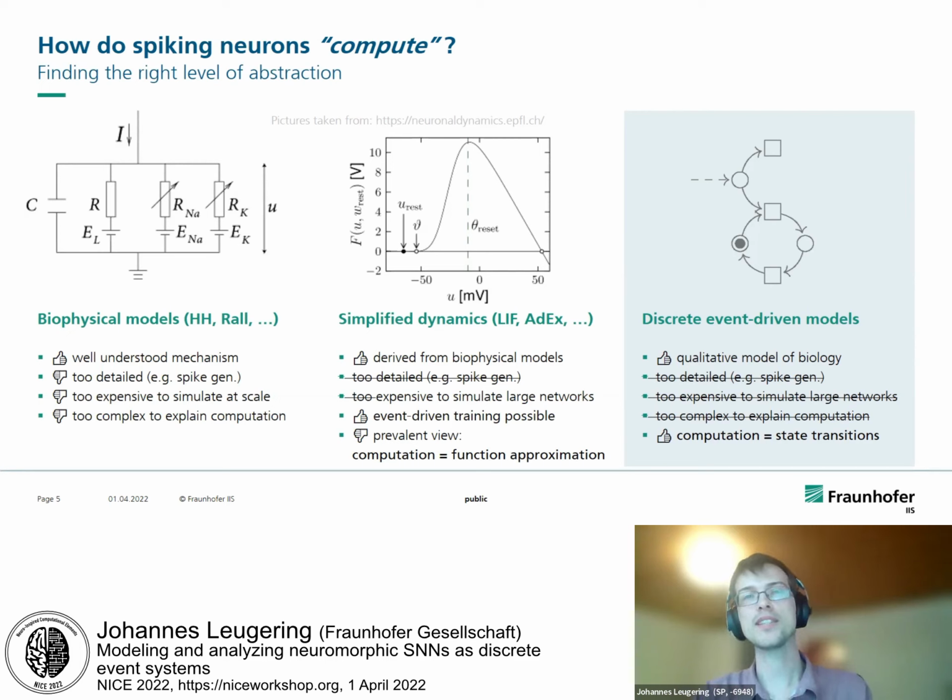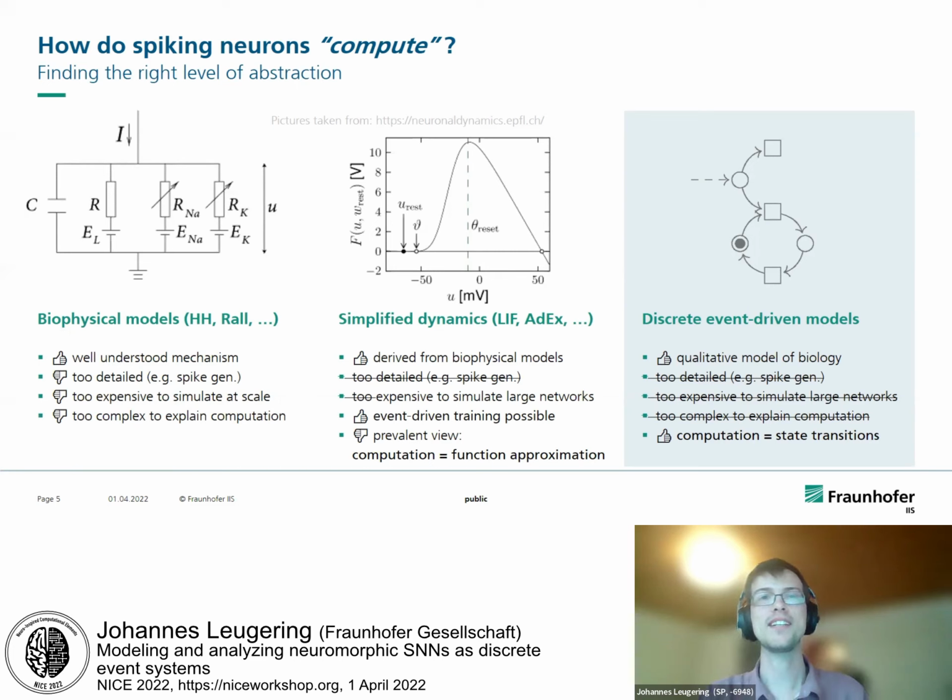And what I like about this is that you can capture some qualitative features of the biological networks you might be interested in, like, for example, coincidence detection, while leaving out all of the implementation details, including even membrane potential dynamics. And that means the resulting models are fairly efficient to simulate because they only use basically integer states.